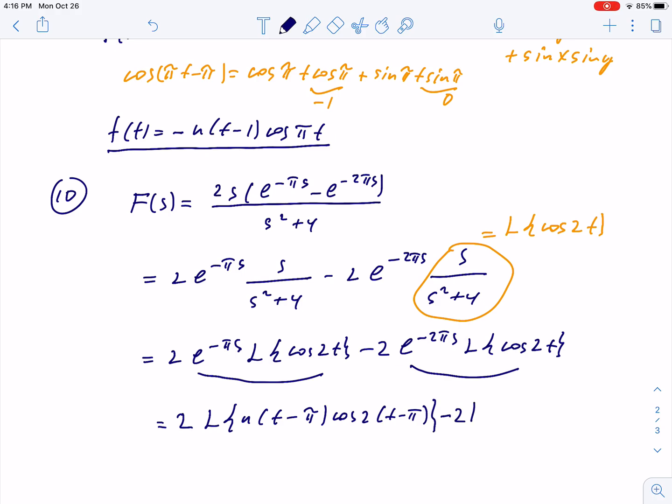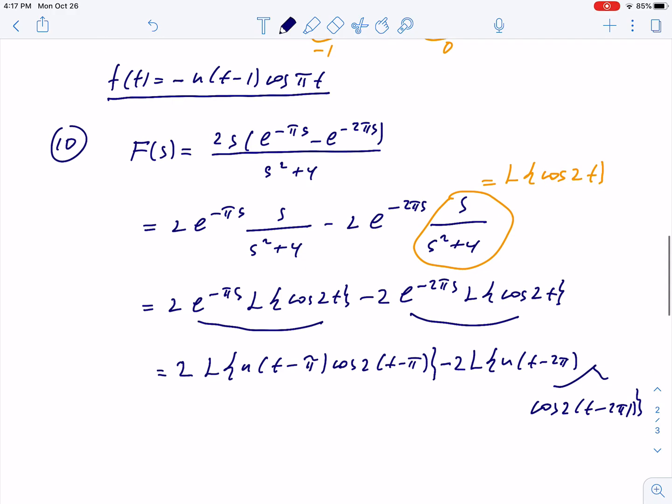Minus 2 Laplace u(t minus 2 pi), and here cosine 2(t minus 2 pi). Okay, I'm bringing everything inside.